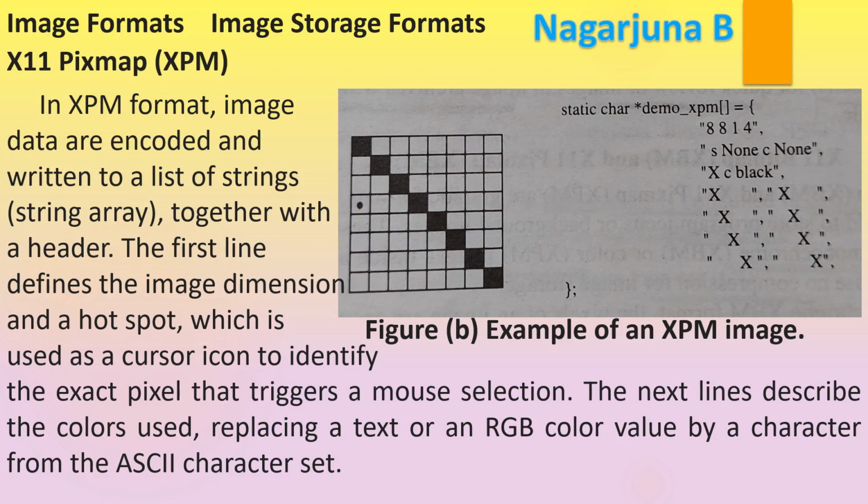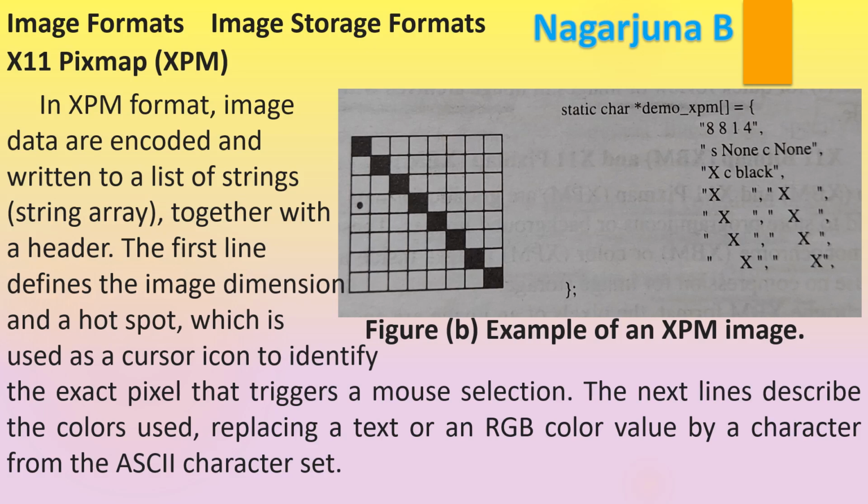And the next line, that is "x c black", describes the colors used, replacing a text or an RGB value with a character from the ASCII character set. And the next lines, written within double quotes, represent the list of image lines.